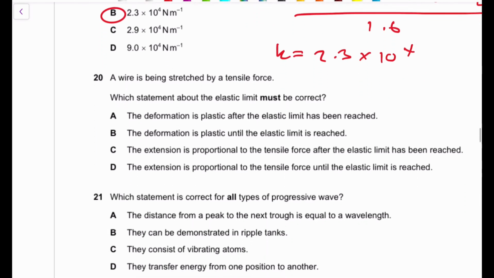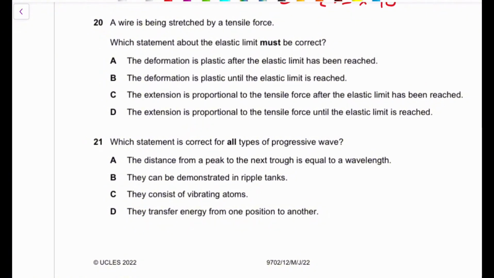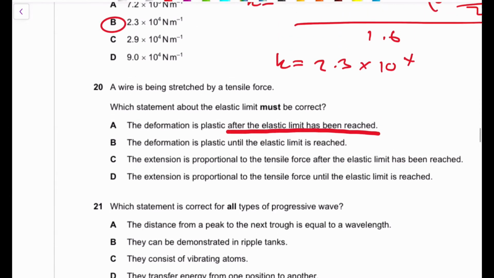Question 20. A wire is stretched by a tensile force. Which statement about the elastic limit must be correct? The deformation is plastic after the limit has been exceeded, which is true. Plastic means that if you remove the deforming force, it does not return to its original position, and that is the definition of plastic deformation.